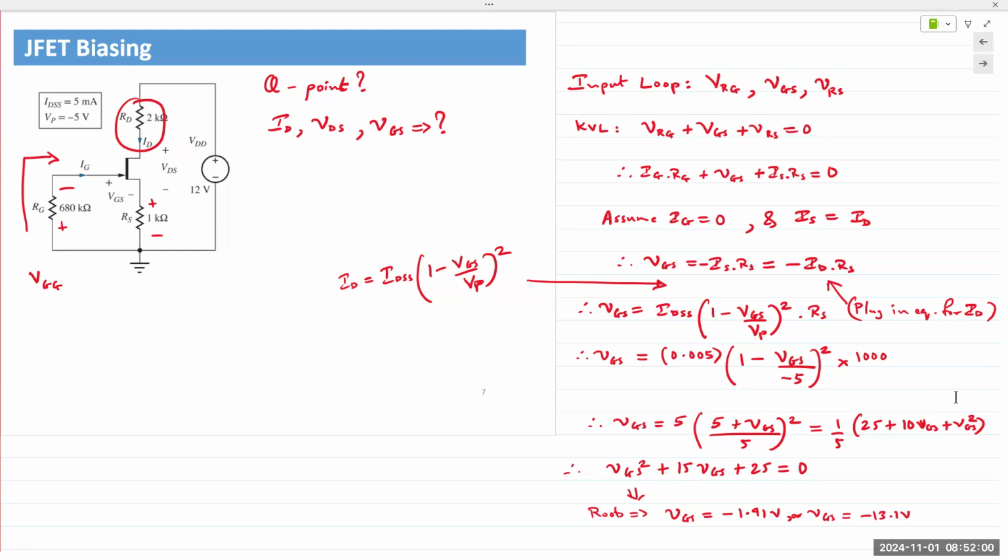So take a few seconds and think about which value would be correct, 1.9 or 13. Look at the information that is given to us. Well, it can be greater than minus 5, actually, because VP is minus 5 volts. So it can be greater than minus 5 volts.